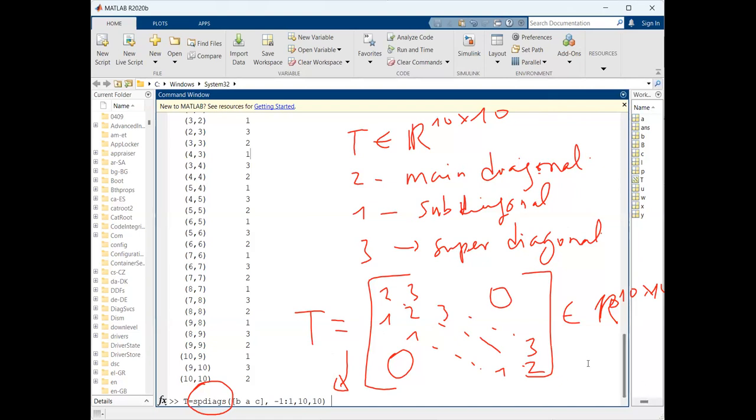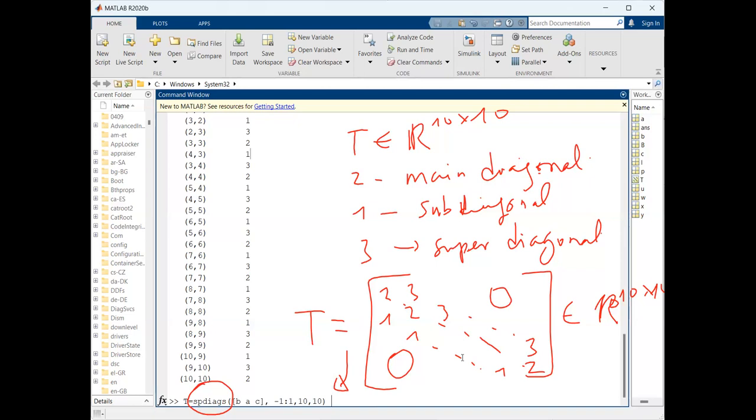Any question so far? No, from here, no. Okay. So at least you have understood all this thing about sparse: it's only the non-zero entries that are being saved.